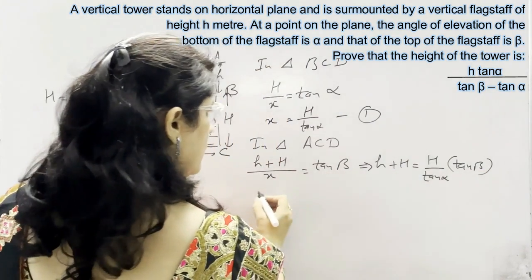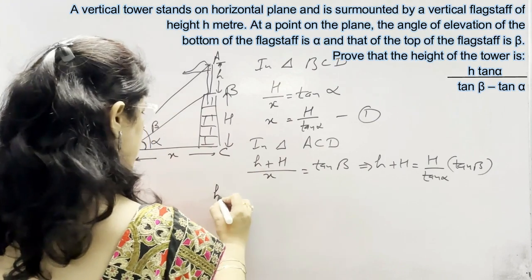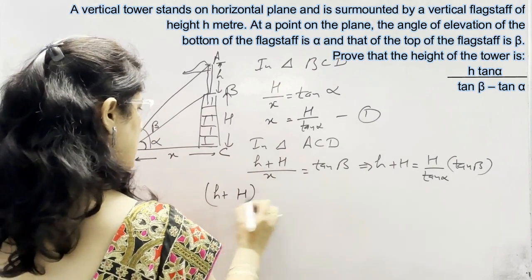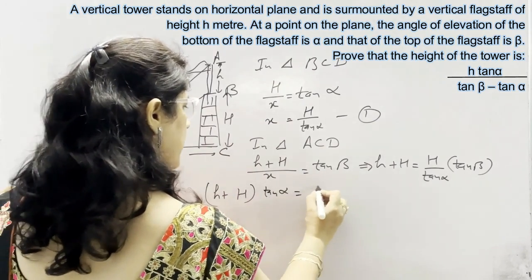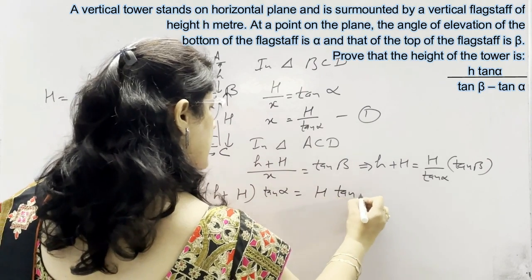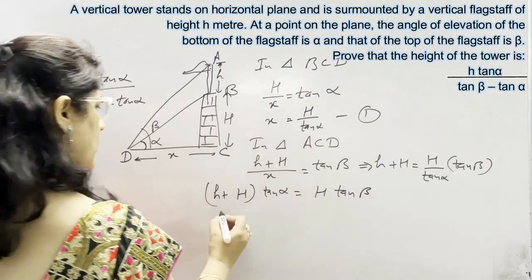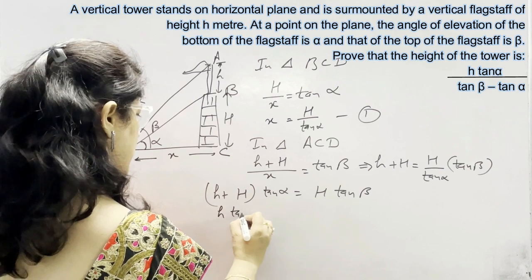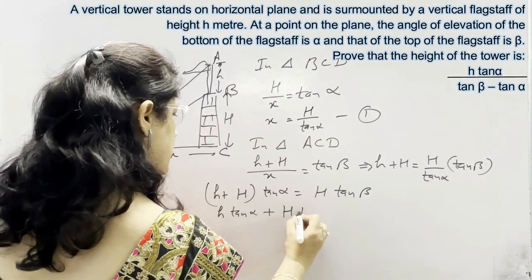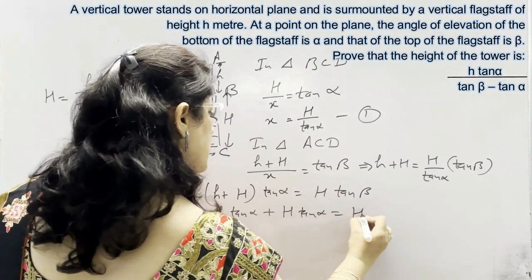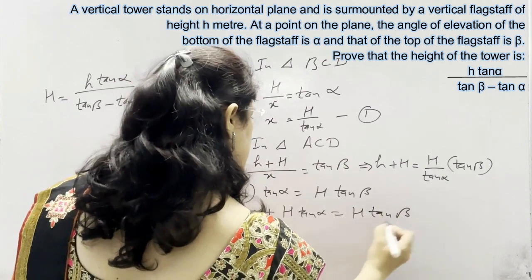Now tan alpha come to this side, H plus h tan alpha is equal to H tan beta. Opening this bracket, H tan alpha plus h tan alpha is equal to H tan beta.